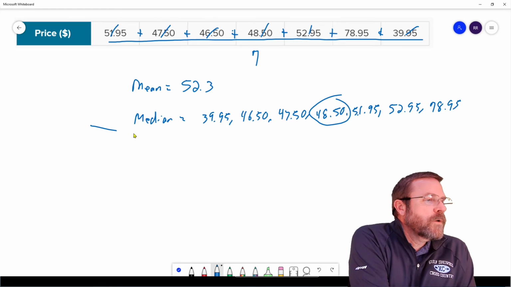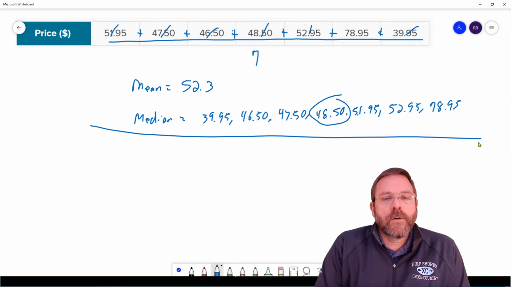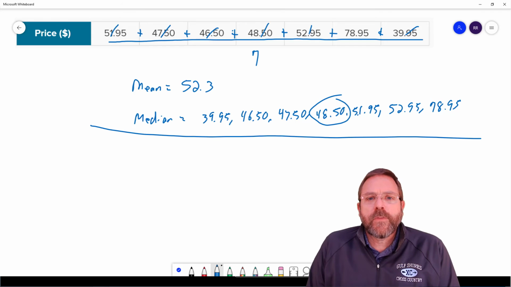Now that was doing our data with the outlier. Let's see what it looks like without the outlier.